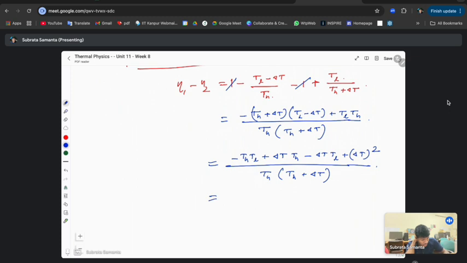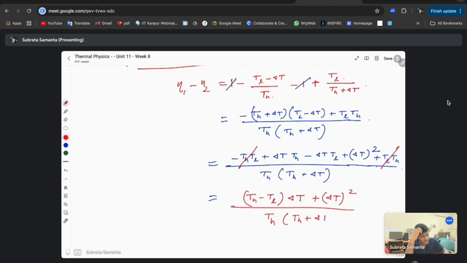So again there is also plus TL TH. Now this TL TH and this TL TH cancel. So this becomes TH minus TL times delta T plus delta T square over TH plus delta T, right.